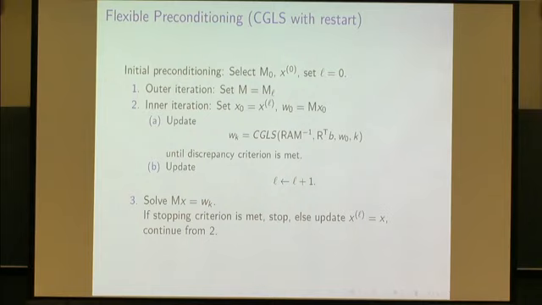So in this case, I'm having a family of preconditioners, M_L, where L is from 1 forward. Then I simply use the CGLS to solve the preconditioned problem with my preconditioner M_L. And then at some point, I have some discrepancy criterion, for instance, at which I stop this iteration. When I reach that, I change my preconditioner M, and then I restart the iterations.